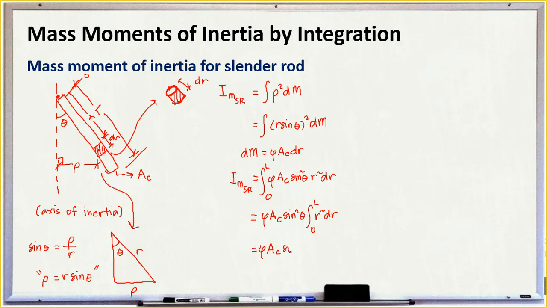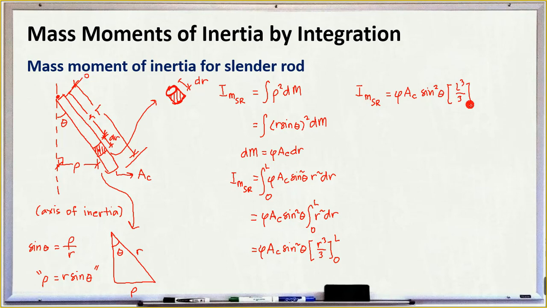Okay, so we have sine squared theta. By the rules of integration, it becomes r cubed all over 3, from 0 to L. Therefore, our moment of inertia for the cylinder rod is the density, the cross-sectional area of the rod, sine squared theta, and L cubed all over 3.